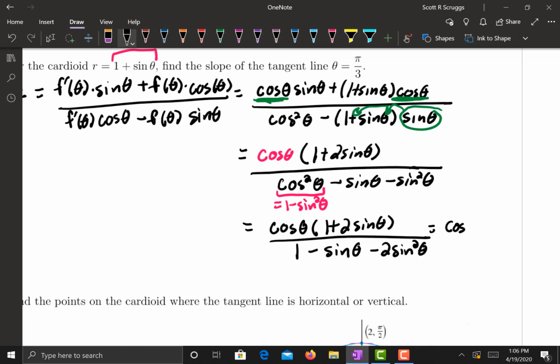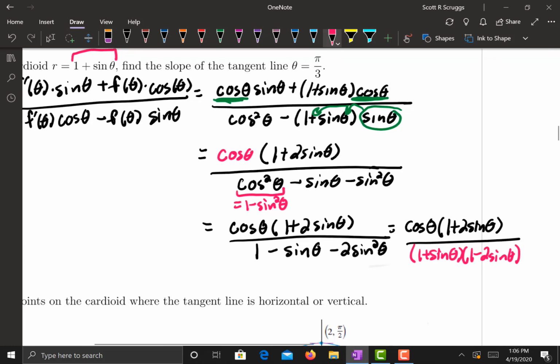I say it equals 1 plus 2 times sine of theta, and then in my denominator, I say that this equals 1 plus sine of theta times 1 minus 2 sine of theta.